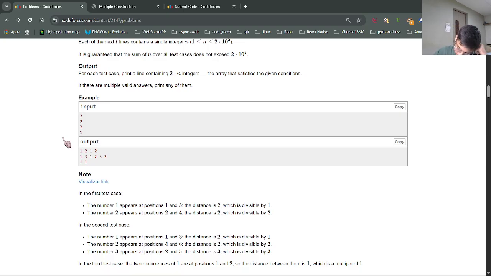Hmm, I would want to. Hmm, I was thinking of adding the biggest number in the boundary, but it's creating some problems. I don't know.